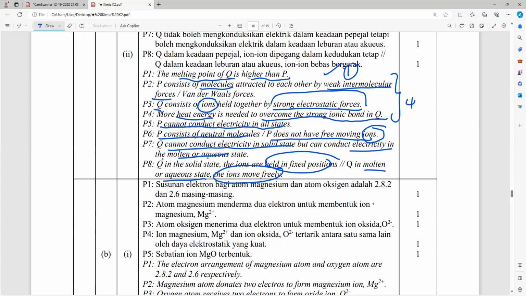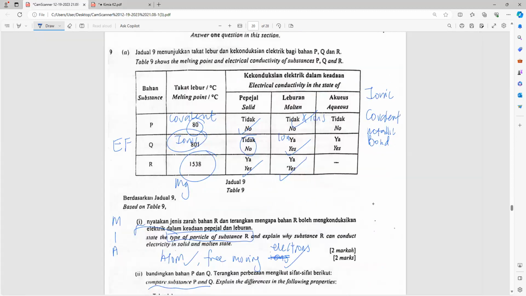Make sure you mention the ions, or you can say they are free moving ions. Some students wrote free ions, but the ions are not free. Some wrote moving ions, but the ions are not just moving. It's free moving ions. You must have all 3 words, then you get full marks for that.